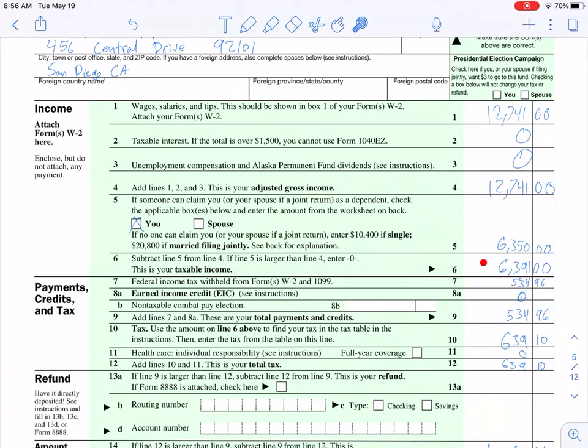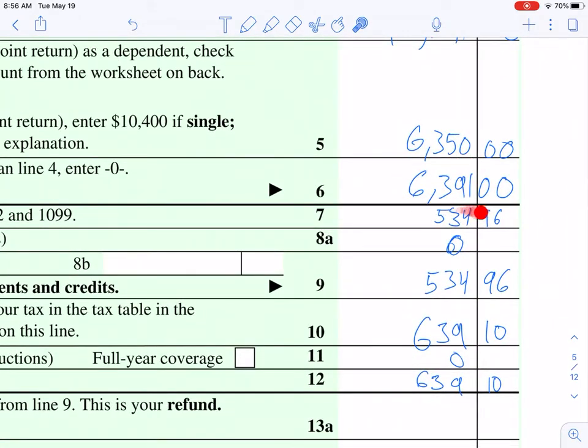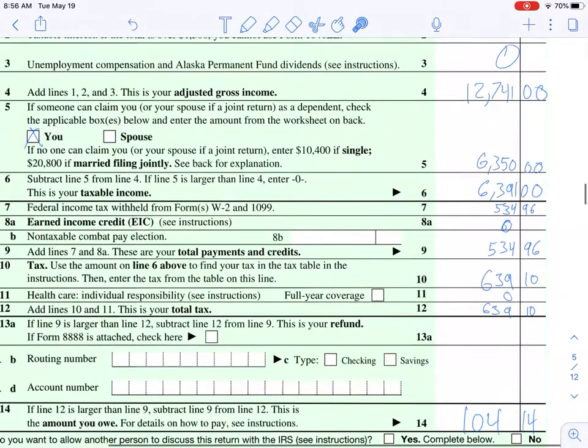The lower you make this number, the less taxes you have to pay. And the offset is that you're doing maybe what the government has deemed beneficial, and because of that, they're charging you less in taxes. Okay, so that's just a little note there on deductions.